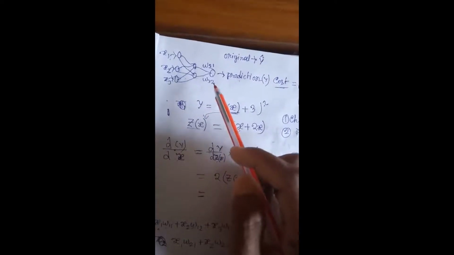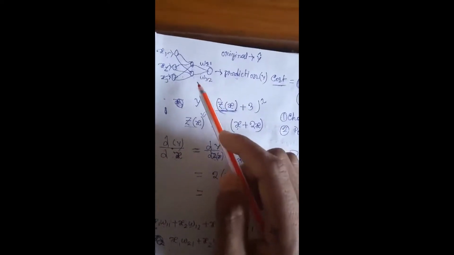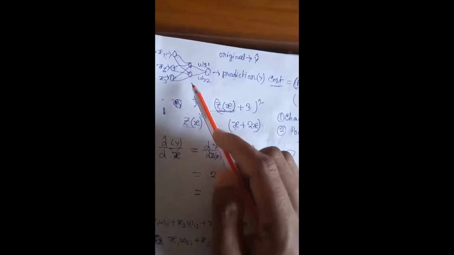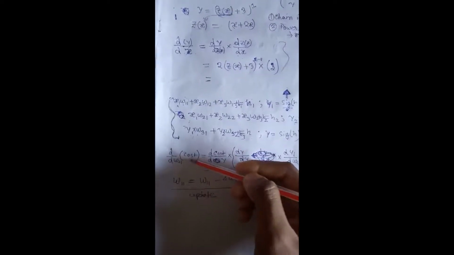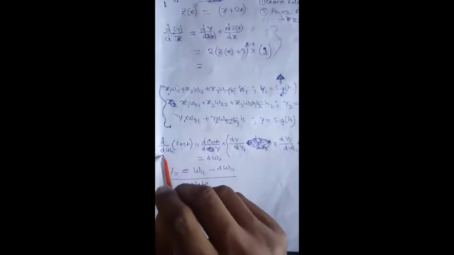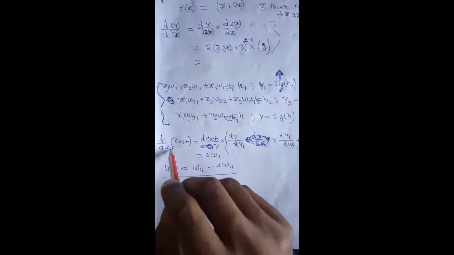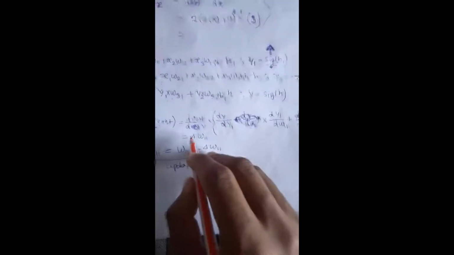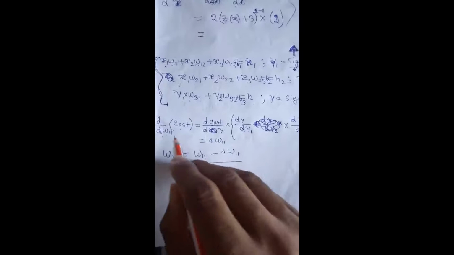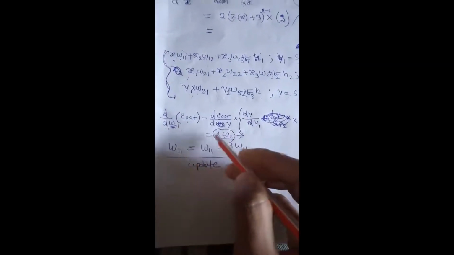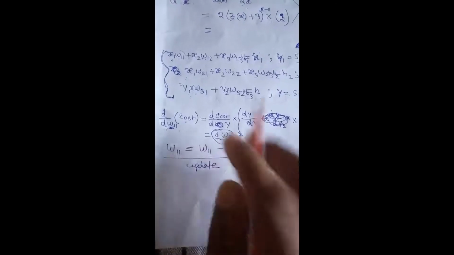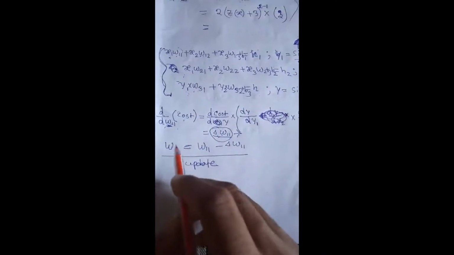Now how can we know whether we have to increase or decrease a parameter? By taking the derivative of the cost function with respect to that parameter. So first we take the derivative of the cost function with respect to the first parameter, then we apply the chain rule and power rule, and we get a result which is called delta for that parameter. Now how can we update that parameter?